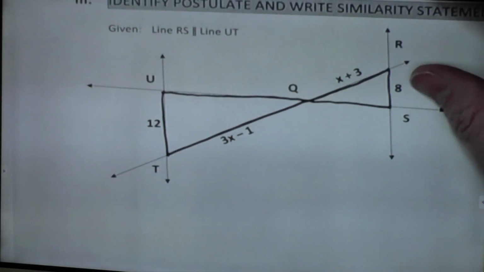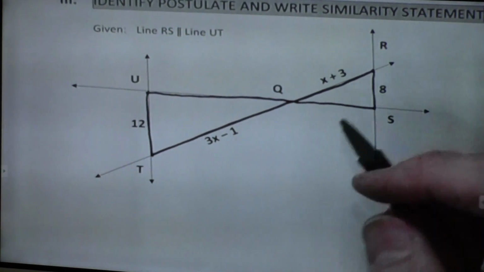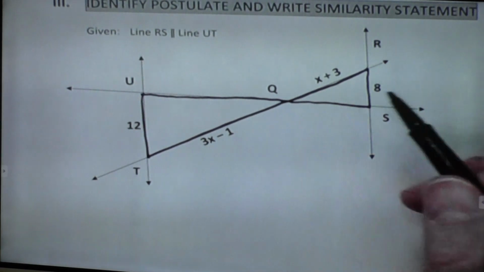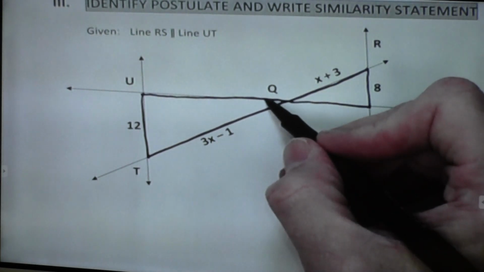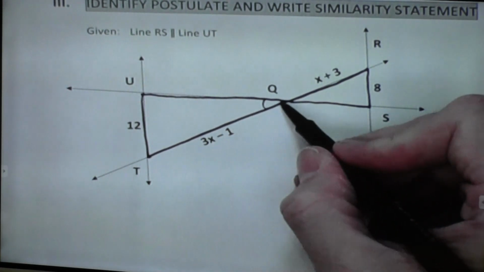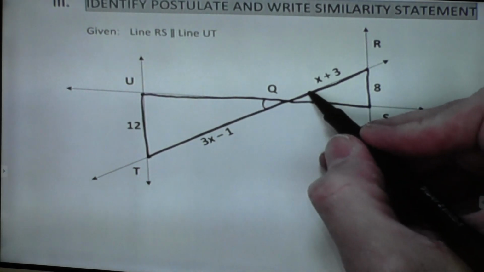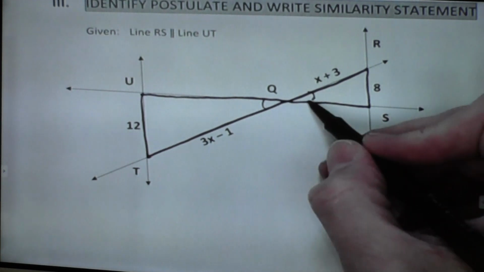So let's think about AA. The angle one would be the only thing left, and I know one thing right off the bat. When you have an intersection, remember about vertical angles from the stuff you did before. Automatically, this angle here, TQU, is congruent to RQS, because they're vertical angles.